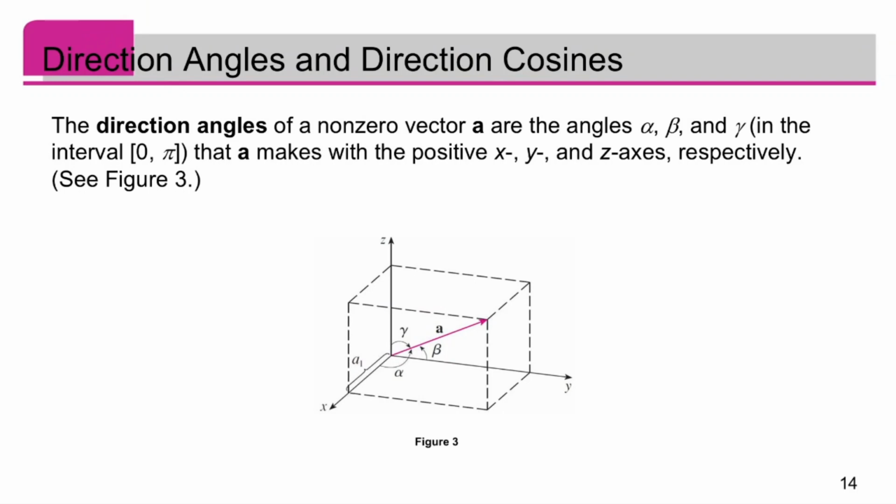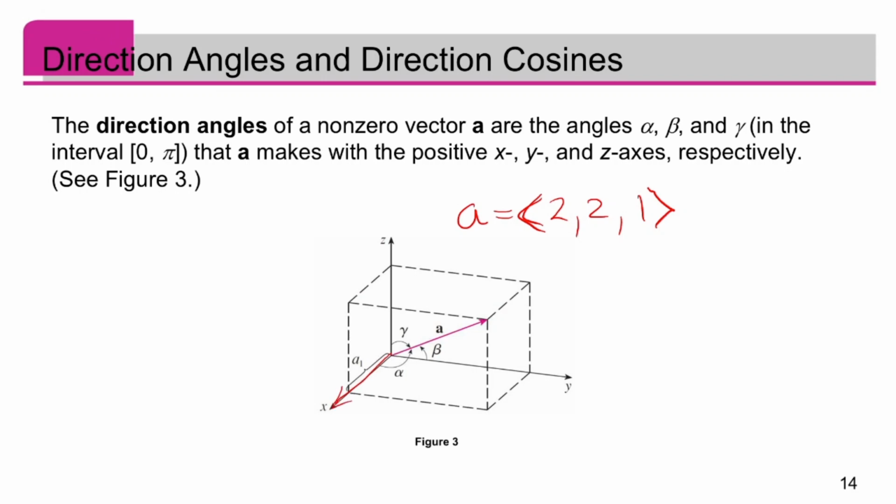So the angles themselves are the angles that the vector makes with the positive x, positive y, and positive z axes. Now these are pretty easy to compute. Let's just pretend that this is the vector, 2, 2, 1, just for the sake of argument.